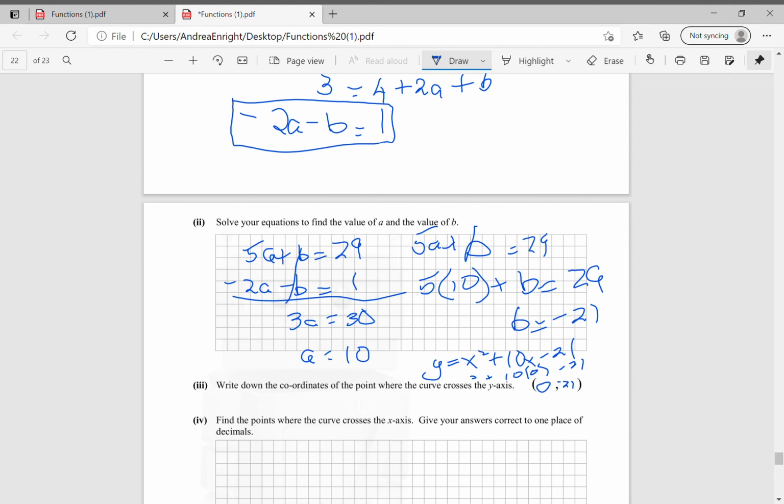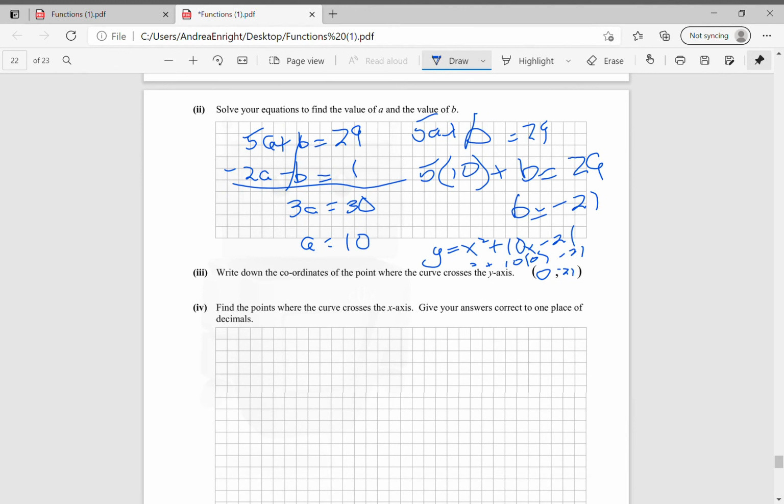Right? Find the points on the curve where it cuts the x-axis. So the rule is, cuts the x-axis, y equals 0. So everywhere you see a y, put in a 0, so you have 0 equals x squared plus 10x minus 21.